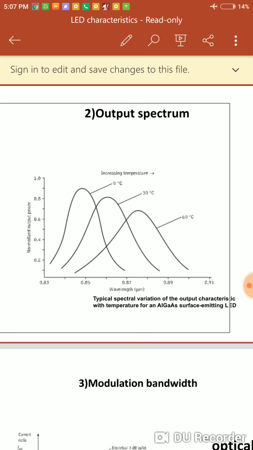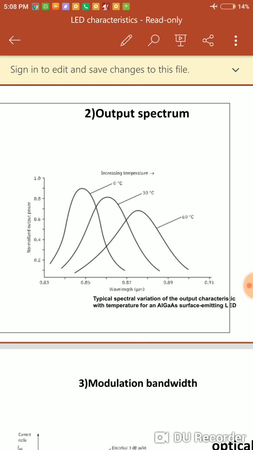First thing to keep in mind: if the output spectrum is broad, the light beam emitted is narrow. In other words, the output spectrum is the range of wavelength. Just as bandwidth is the difference between the highest frequency and the lowest frequency, the output spectrum gives the range between the highest wavelength and the lowest wavelength. So that is the concept of output spectrum.